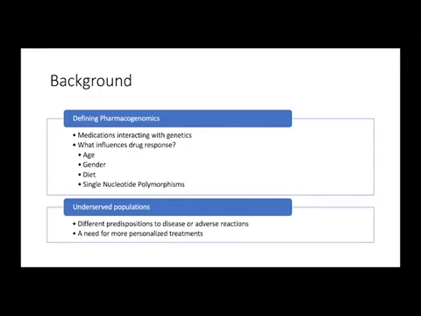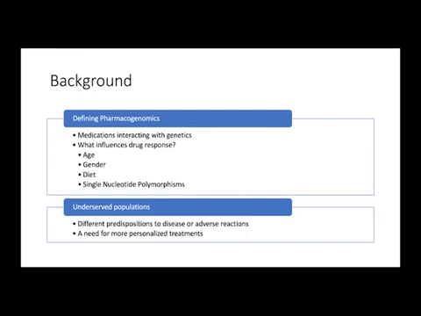These are basically just small changes in a person's DNA, and they're considered SNPs if they occur in significant proportion in certain populations. So essentially, we can infer from that that different ethnic groups can expect to have different predispositions for diseases, as well as different drug response compared to other ethnic groups.